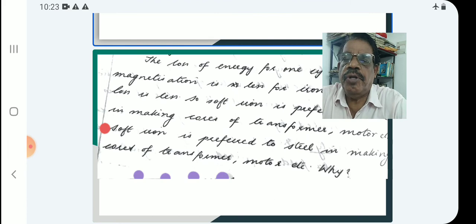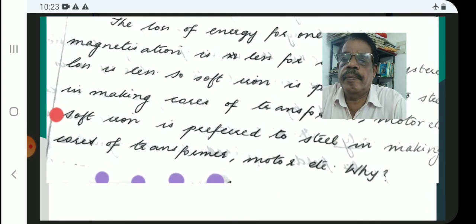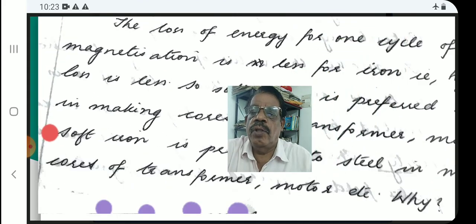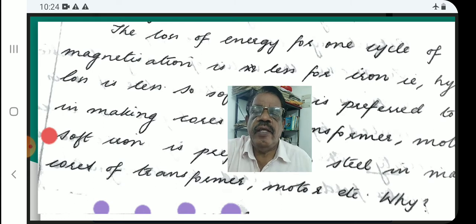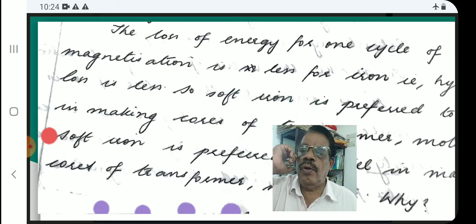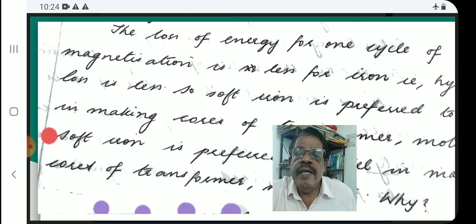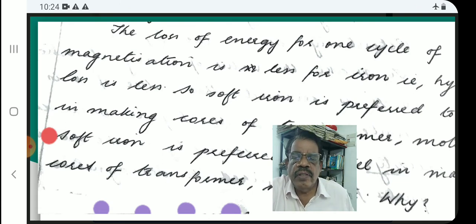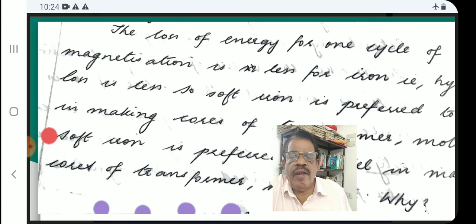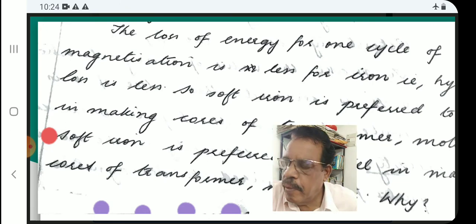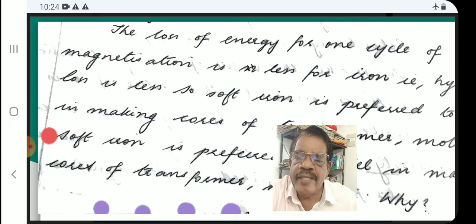Now there is another important point. The loss of energy for one cycle of magnetization is less for iron. The area of the loop is the energy loss per cycle of magnetization.